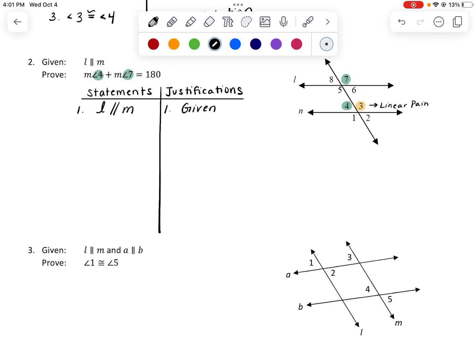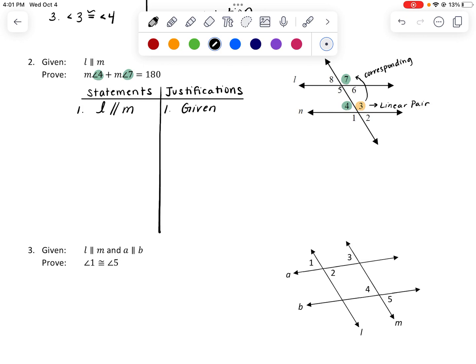And then I also see that these are corresponding. And so if I can say 3 and 4 are linear pairs and 3 is corresponding to 7, that means they're congruent, then I could substitute that in.